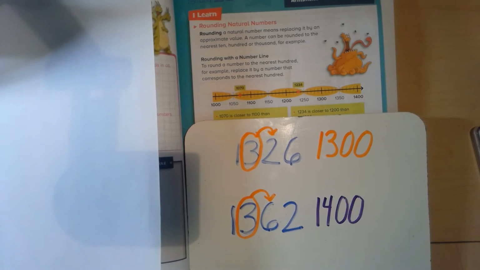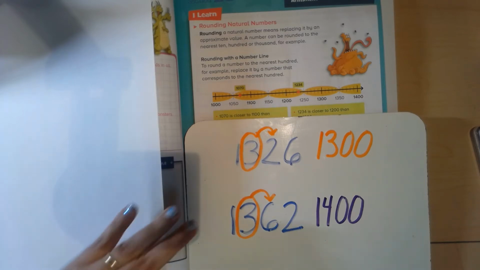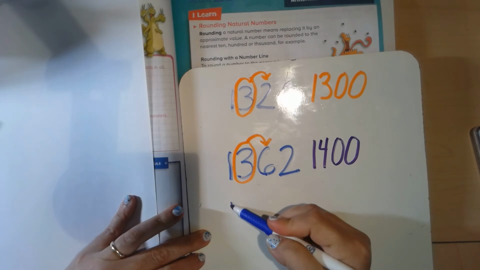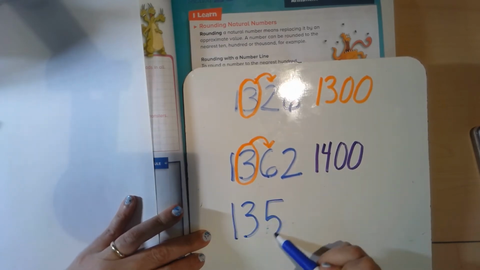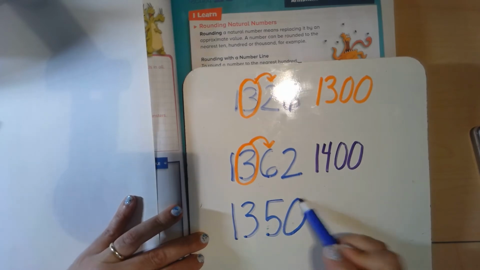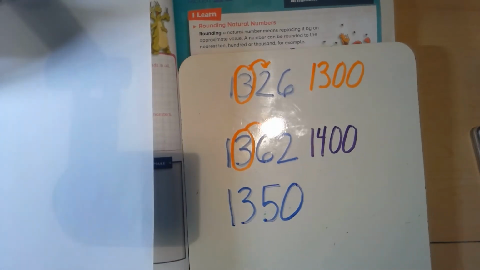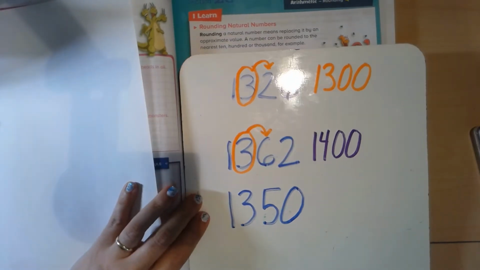Does that make sense? What if I have this number? 1,350. That's right in the center of 1,300 and 1,400. So now what do I have to do?